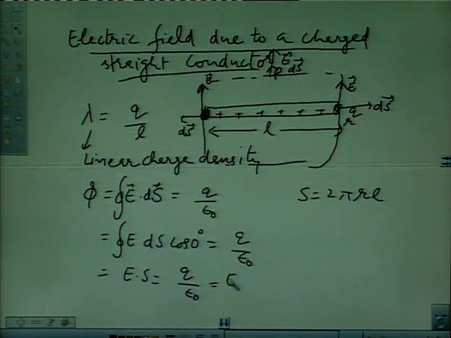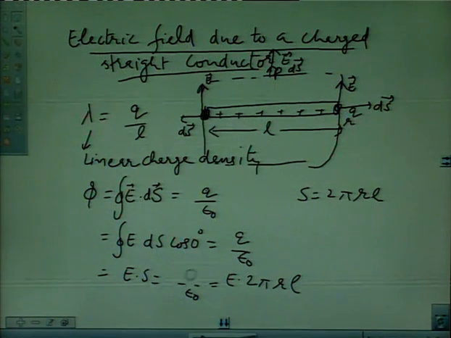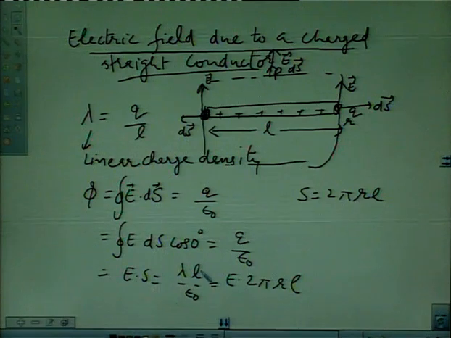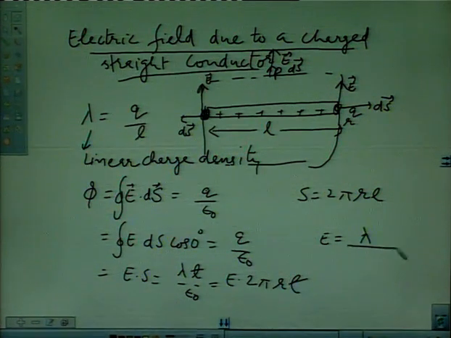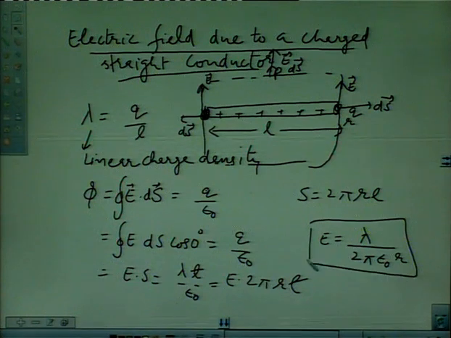So, we have E into 2 pi r L. The value of Q is lambda into L. So, when we solve it, L is cancelled out. So, we have E is equal to lambda upon 2 pi epsilon naught into r. This is the electric field for the straight conductor.